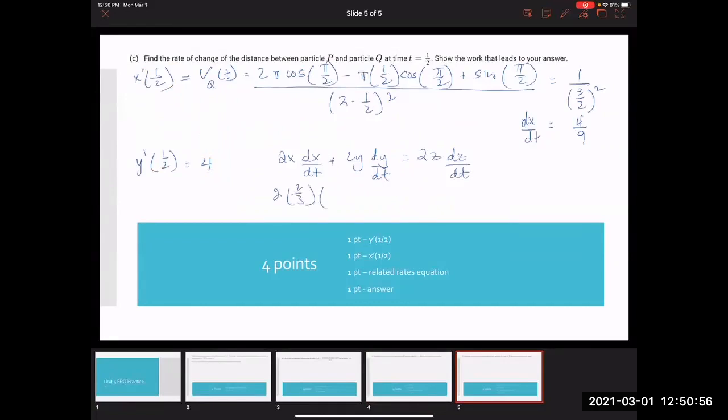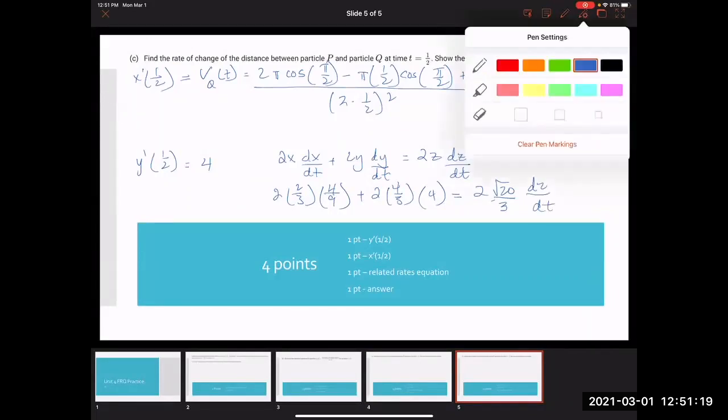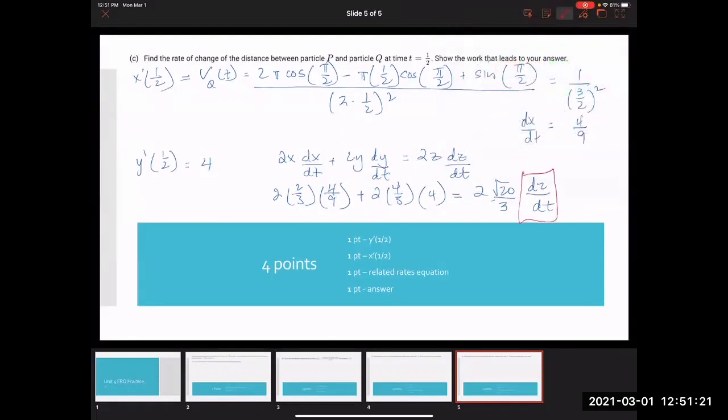We found dx/dt to be 4/9, plus 2 times our y, which was 4/3, and our dy/dt was 4, equals 2 times z, and z was the square root of 20 over 3, times dz/dt. So now we only have one unknown, which is dz/dt.